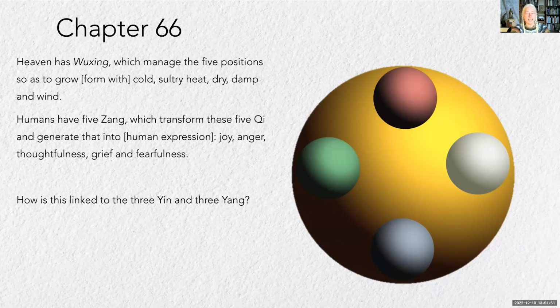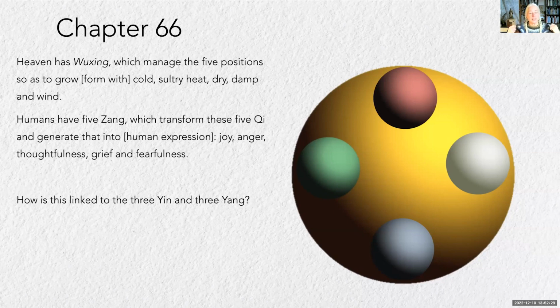So we have these Zong that take that chi in and generate it into joy, anger, thoughtfulness, grief, and fearfulness, which to me is summarized as human expression. So we have these Wu Xing managing these positions in our bodies so we can grow form with the chi that's coming in, and humans have these 5 Zong, which transform these chi and generate them back out into human expression.